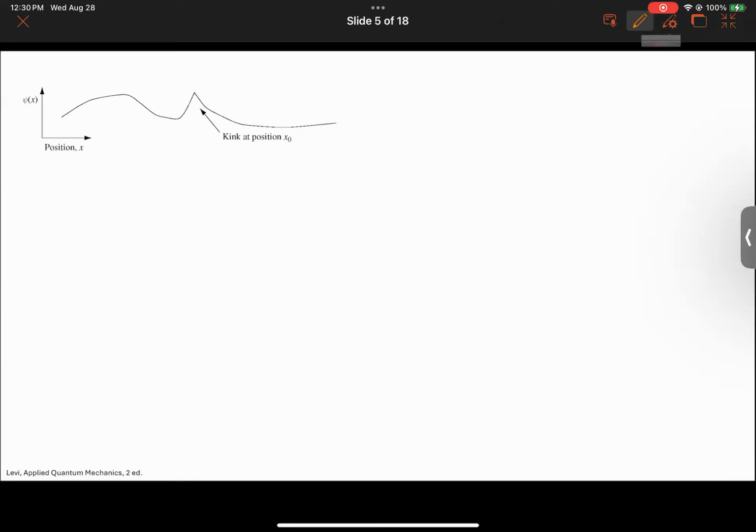Kung titignan natin, we extend this, no? So this is yung x ninyo. And then at this position, this is x naught. If you take the derivative of this graph, which is nothing but yung slope.